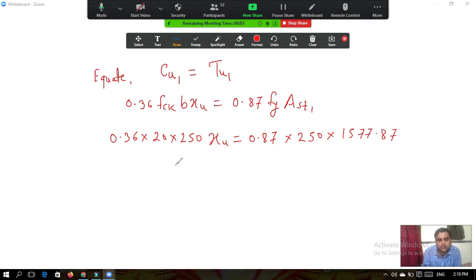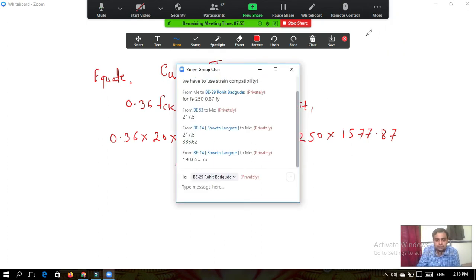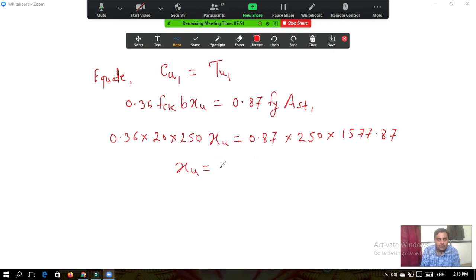So from this you will get the value of XU. What is the value of XU? So 190.65 is the value of XU. Please check the answer. Let me know it is right or wrong.